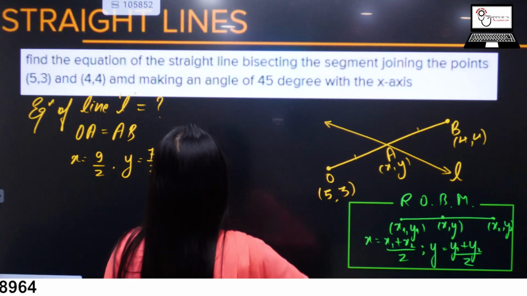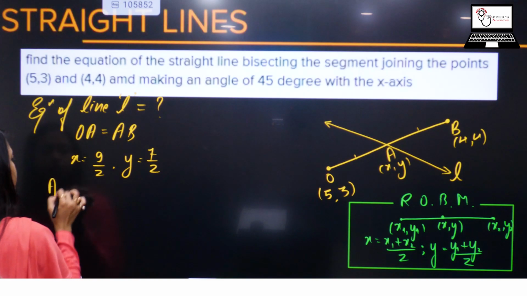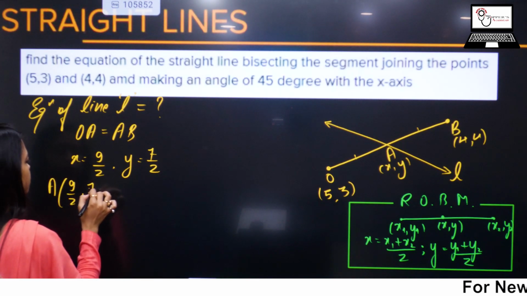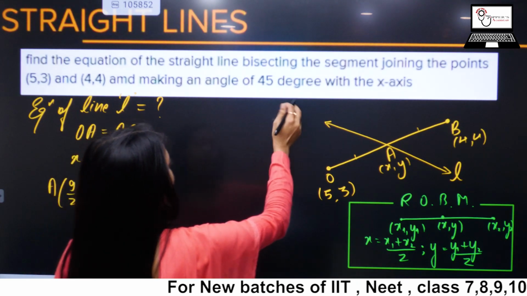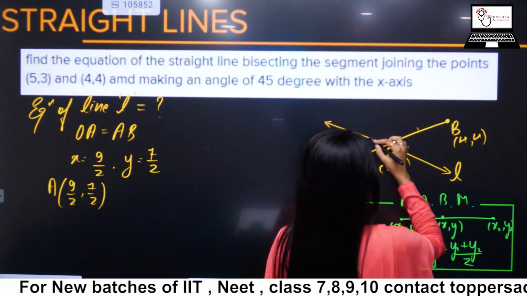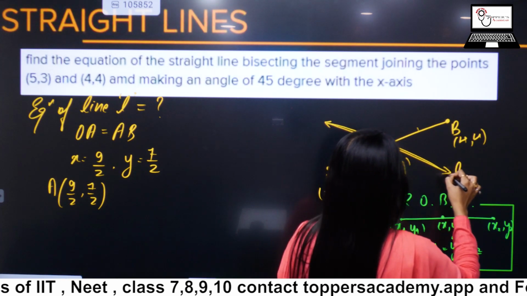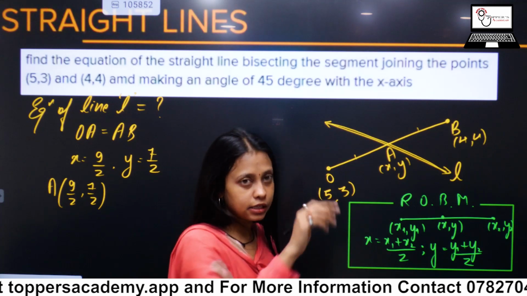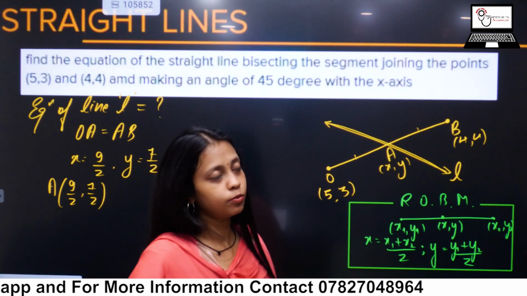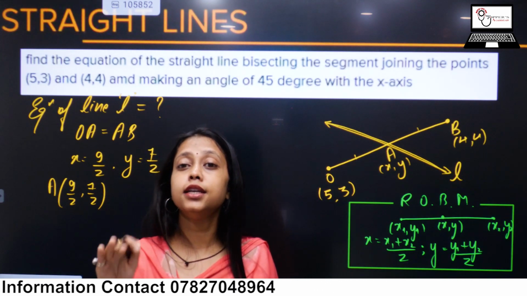So I already have a point: A is (9 by 2, 7 by 2). Now what about the slope? It says the line is making an angle of 45 degrees with the x-axis. This line in my diagram doesn't seem to make 45 degrees, but anyway, it is making 45 degrees with the x-axis. So tan theta is the slope.